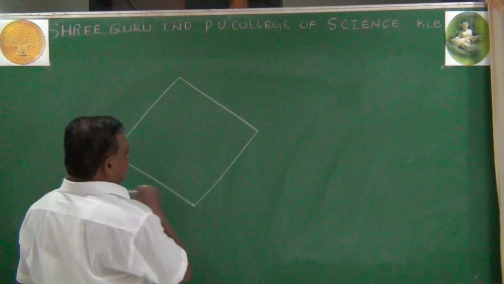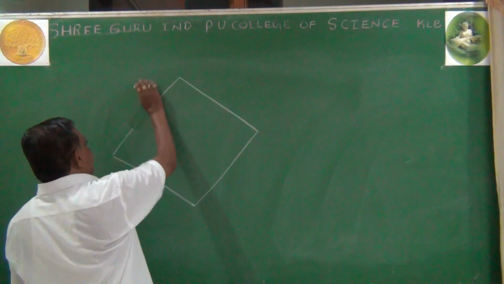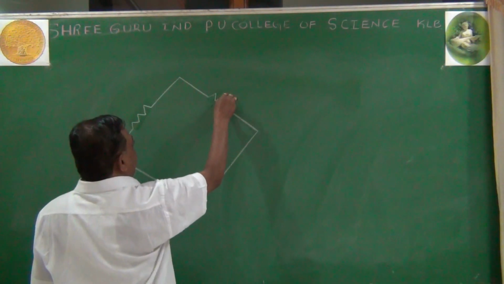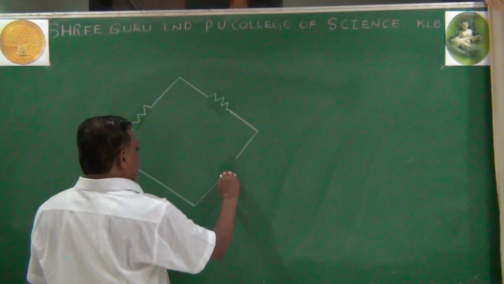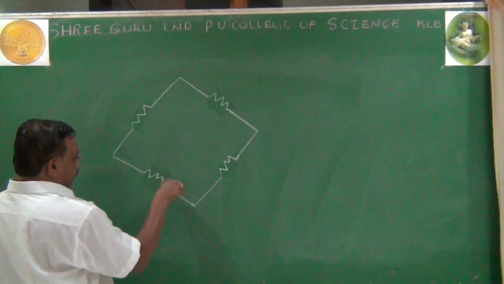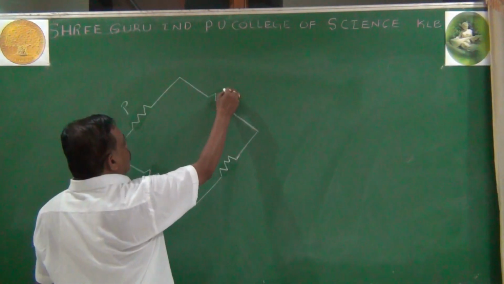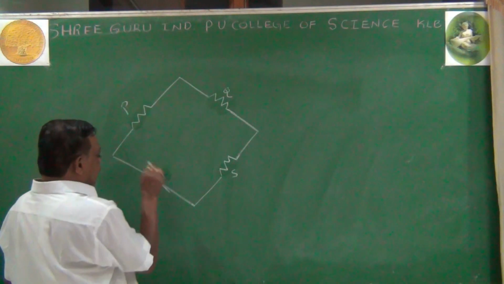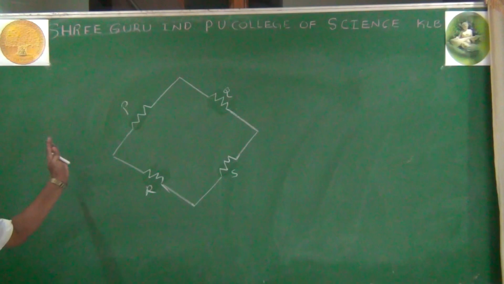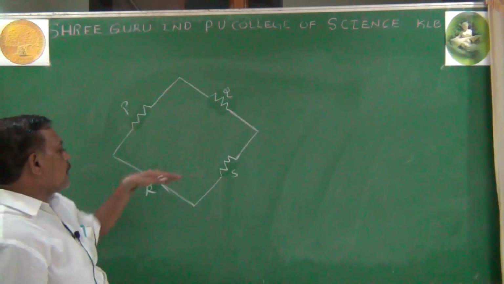Each arm of the quadrilateral has a resistance, four resistances in all. He named those resistances P, Q, S, R in cyclic order. Then why not P, Q, R, S? After the derivation we will see why we go with P, Q, S, R only in cyclic order.